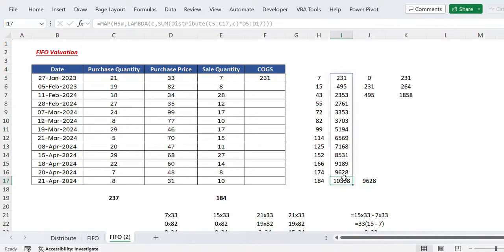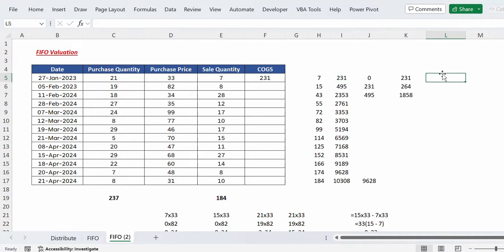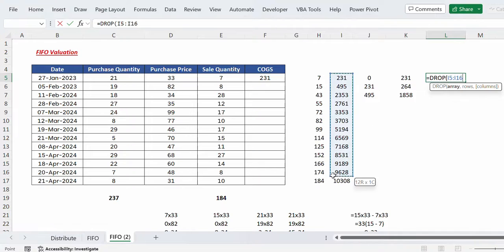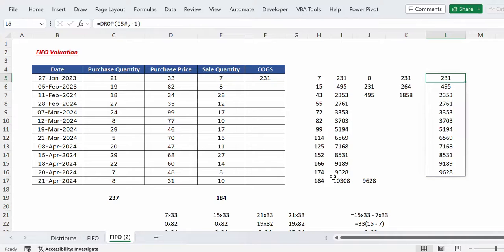That's why we are dropping the last value from this array in cell I5. So we will use the drop function on this array, and for dropping the last value we will use -1. Let's close the bracket, press enter, and we have got this as a result.